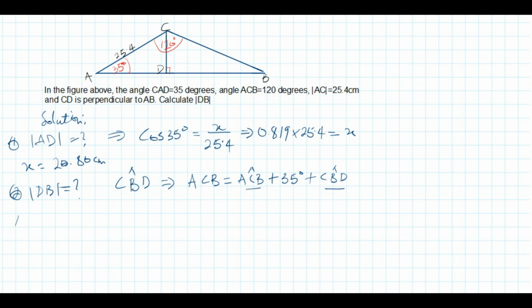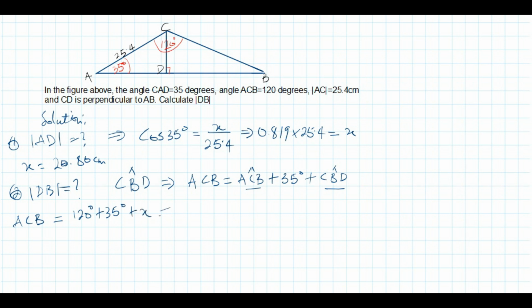So our triangle ACB will give us 120 degrees plus 35 degrees plus x, because we don't know.